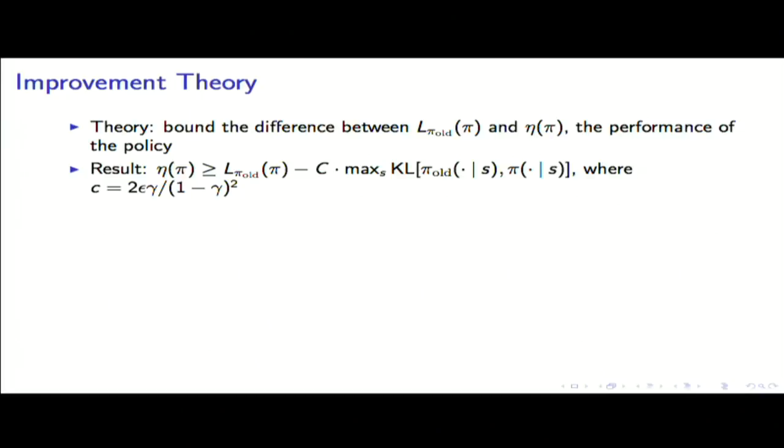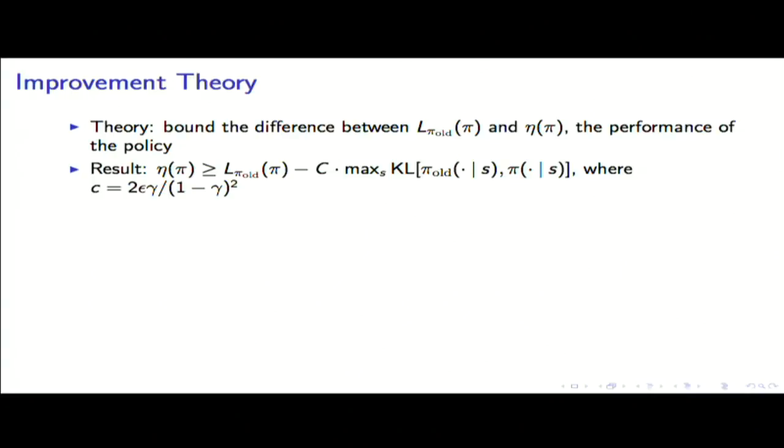I won't go through all the theory, but the result is that you can put a lower bound on eta. You can construct a pessimistic approximation to eta, where it equals L minus some penalty, which looks at how much different the policy pi is from the policy pi old that you used for sampling.